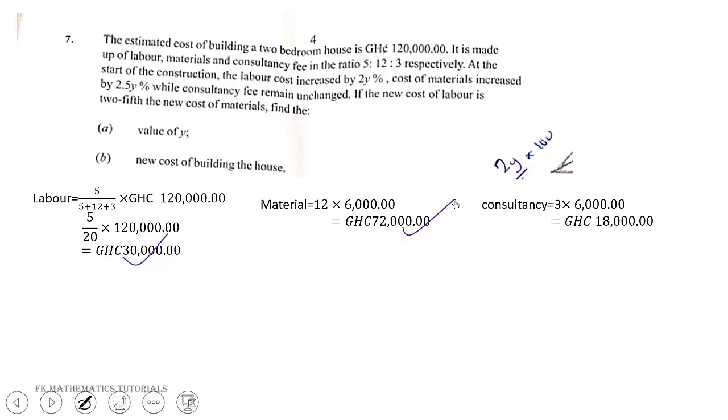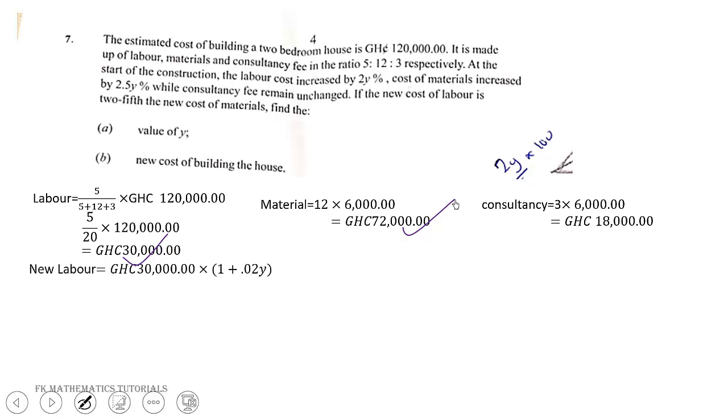So after calculating all the costs, we're told that the labor and the material cost increased by a certain percentage. That of labor increased by 2y%.